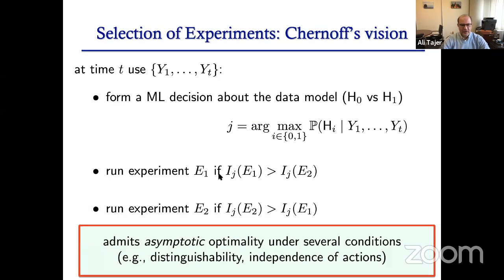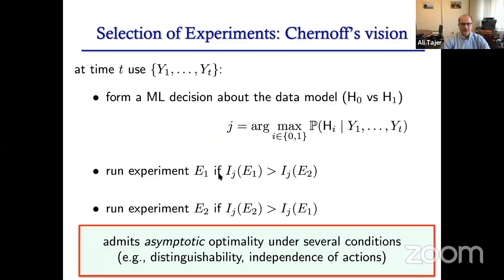It is very simple because dynamically you can just compare these two information measures. Computationally, it's very simple. But more importantly, it admits asymptotic optimality under many conditions, generally when we have independence of actions, which are selections of the experiments over time, distinguishability, and certain other assumptions.